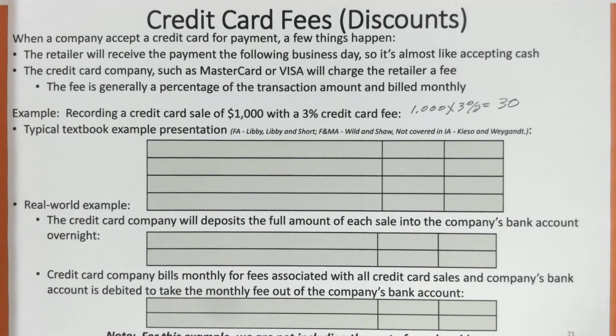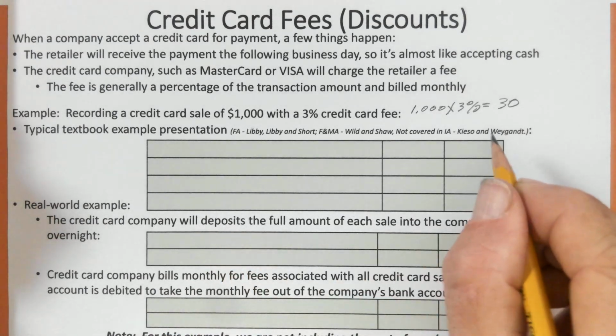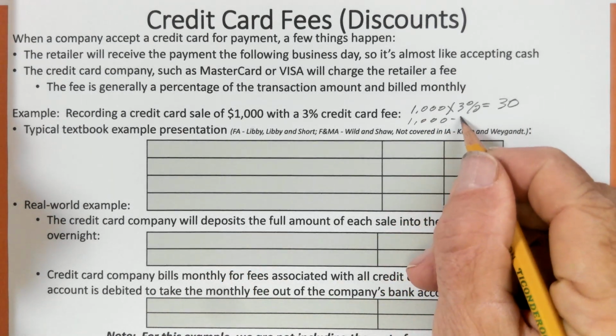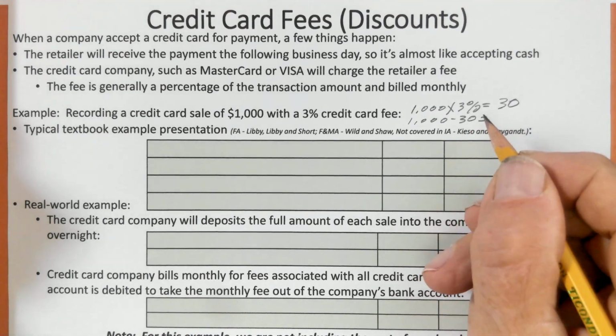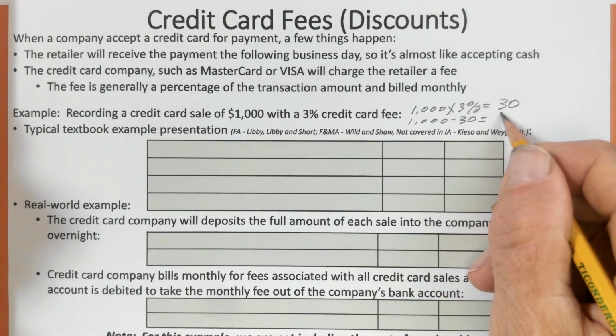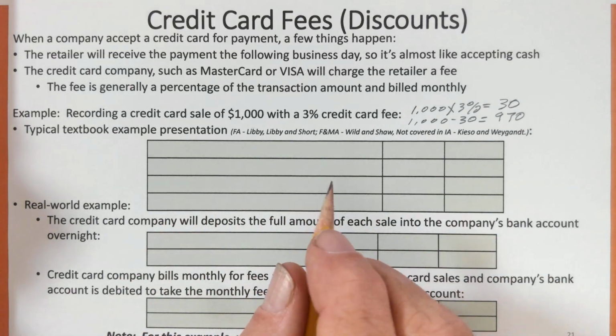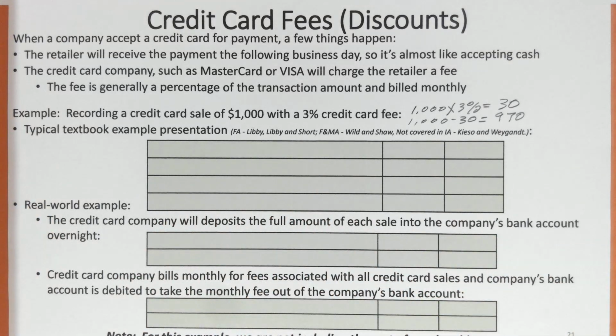So what happens is, I guess in theory, we would only get the 1,000 minus the $30 credit card fee. So that gives us $970 of cash that we're going to get. And notice that we don't take it to accounts receivable. We take this to cash.